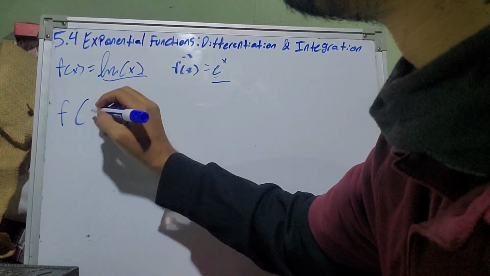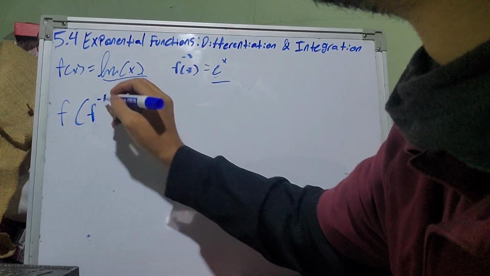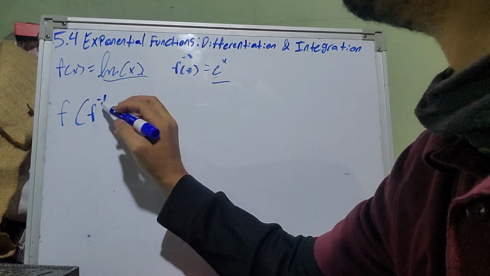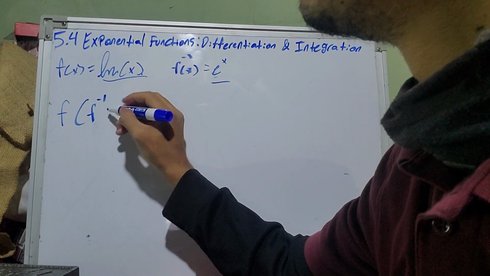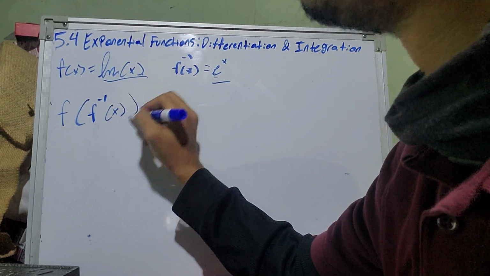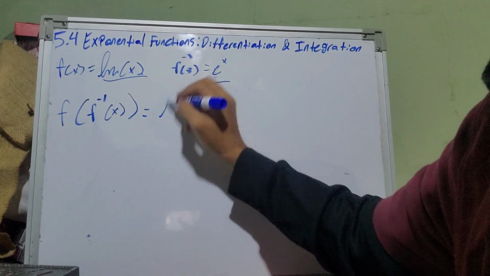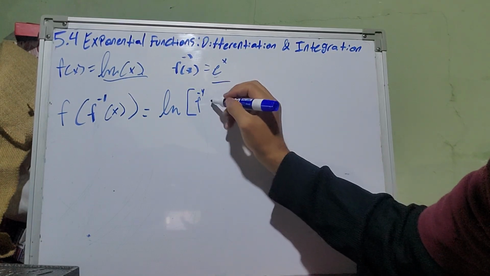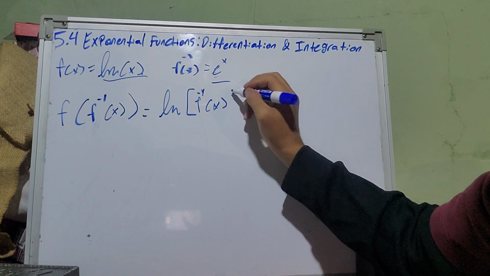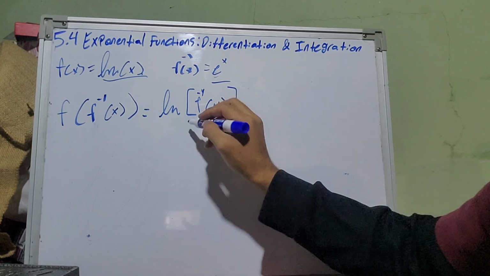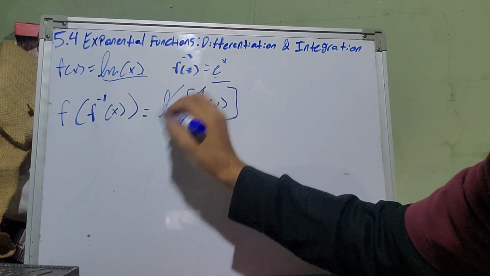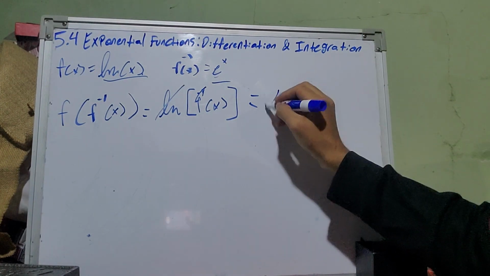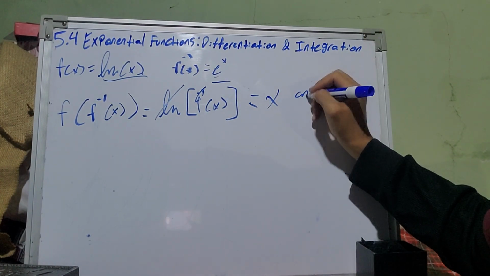For any real number x, the function ln of the inverse function e to the x is equal to x, which will then cancel out and simply be equal to x for any real number.